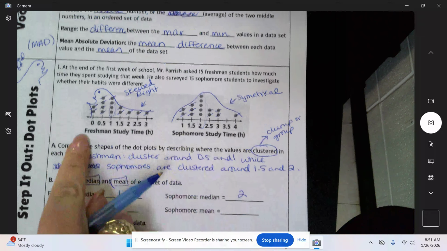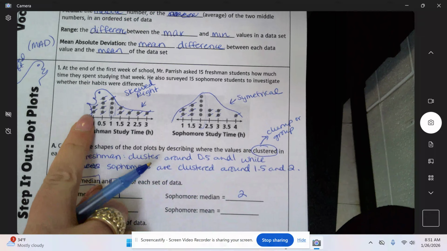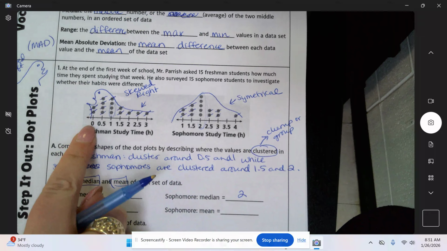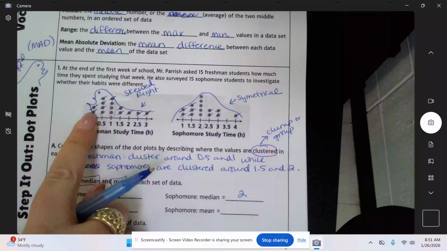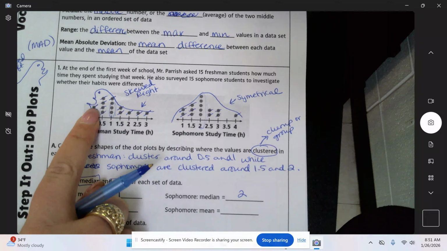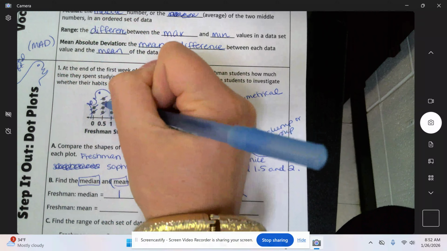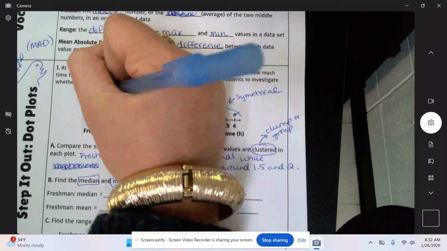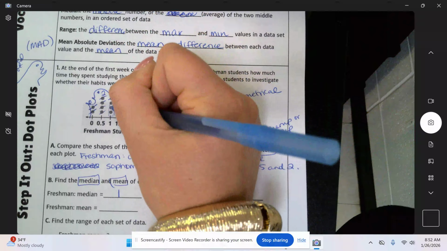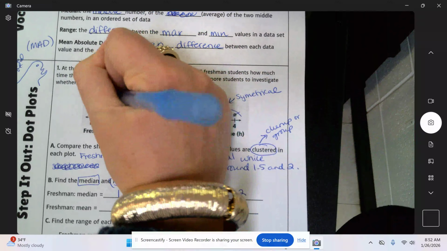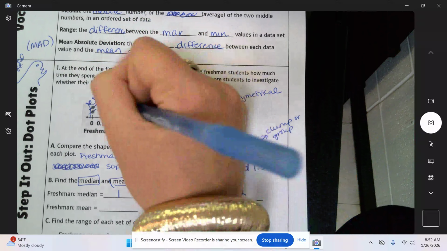Now, for the mean, each dot represents the value that's underneath it. So this is a 0, this is a 0. 0 plus 0 equals 0. This is half, half, half, half. You add all your halves together, it equals 2. Half, 1 and a half gives me 3.